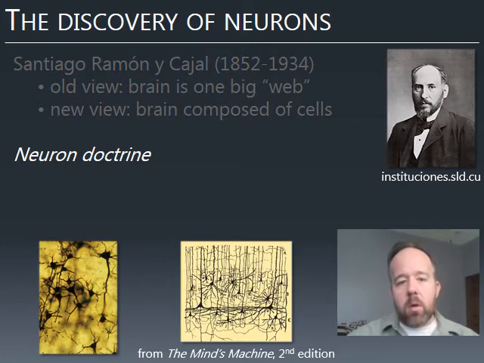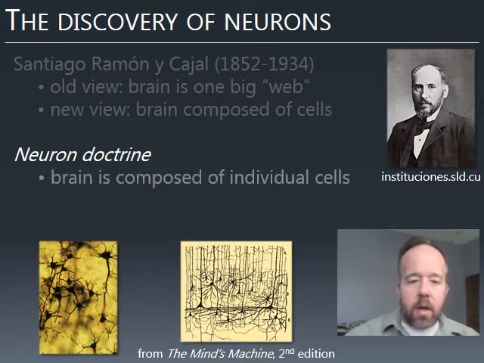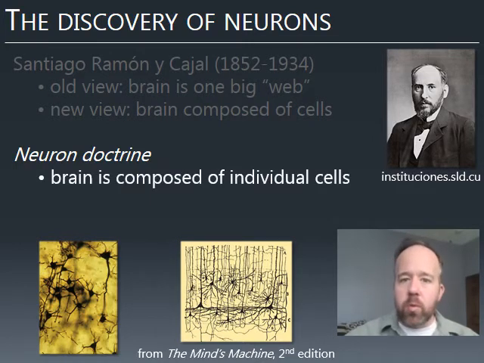And Ramon y Cajal started to develop what is now known as the neuron doctrine. And there are various rules or guidelines in this doctrine. As time goes on, different guidelines get subbed in or out. But the most basic components are, first, that the brain is composed of individual cells, not this big interconnected mass.